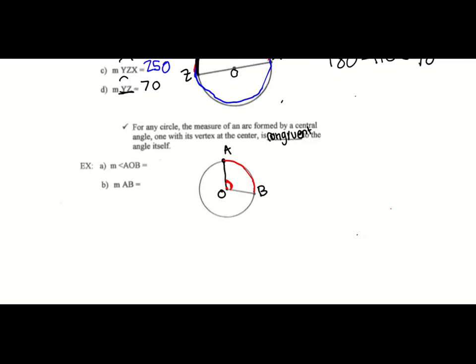So if we are given that the measure of angle AOB is 30 degrees, this is our given information right here, 30, then we know that the measure of arc AB is also going to equal 30 degrees. So this arc out here is also 30 degrees.